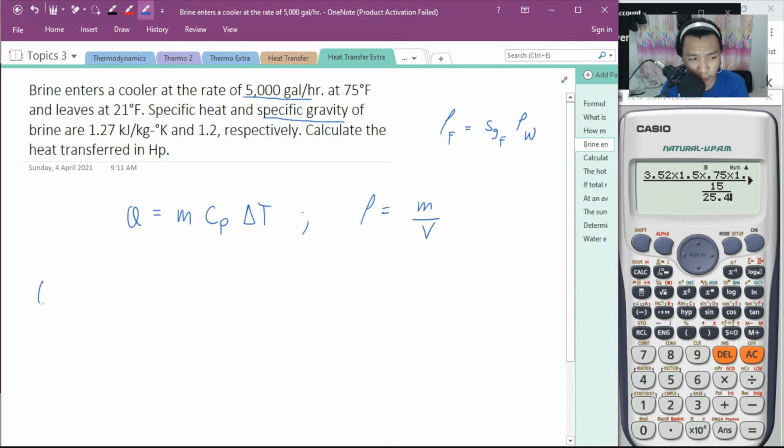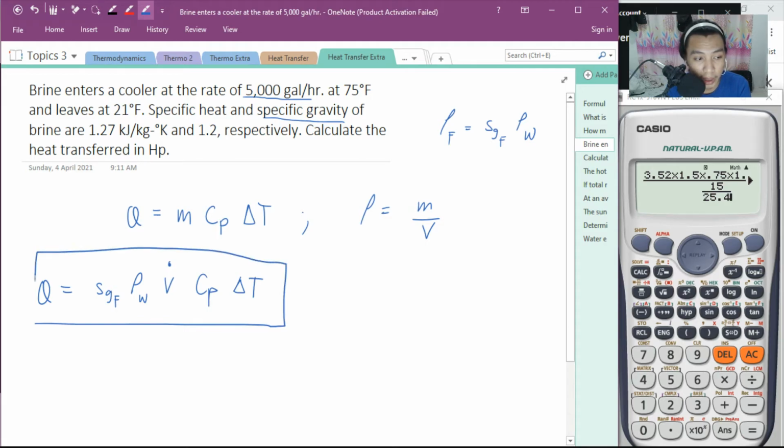So, therefore, Q will be equal to SG ng fluid, density of water, multiplied to the volume flow rate ng fluid, kasi wala kang mass eh, Cp, delta T. This is now the formula for the heat transferred.